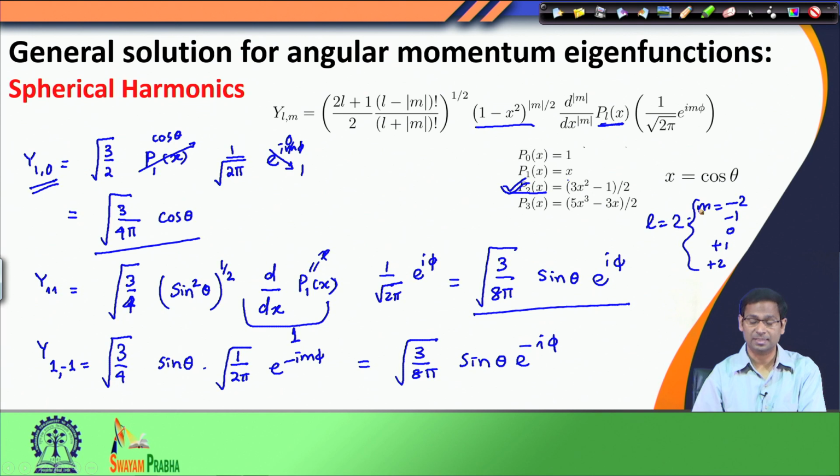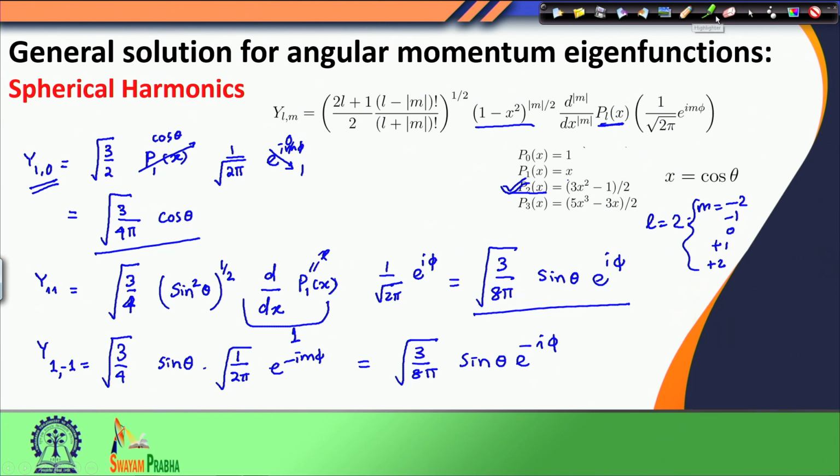And when m is 0, then you do not have to differentiate, you just have to use this P2(x). Remember, when you use P2(x), you have 3 cos square theta minus 1 divided by 2. So, that exercise would enable you to use this general form of spherical harmonics and carry out your discussion.